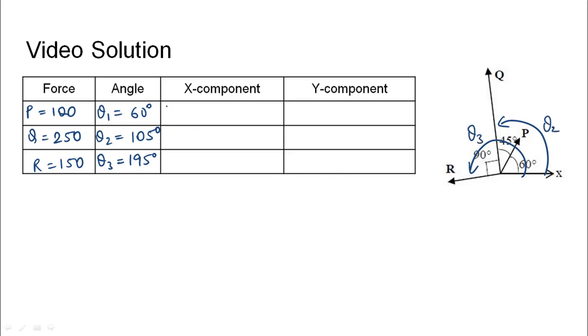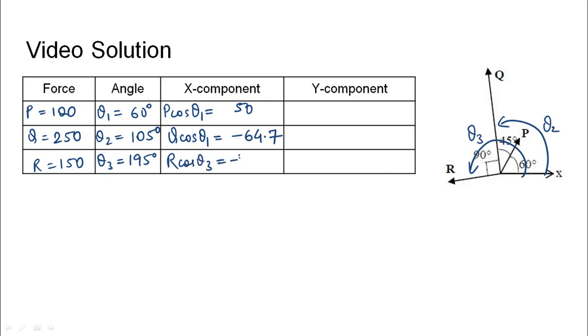So the x component would be P cos theta1. This would be 100 into cos 60, which would turn out to be 50. The x component for Q would be Q cos theta2, which would be 250 into cos 105. This would turn out to be minus 64.7. The third one is 150 cos 195, that is R cos theta3.